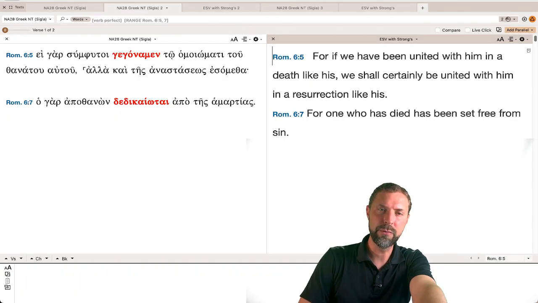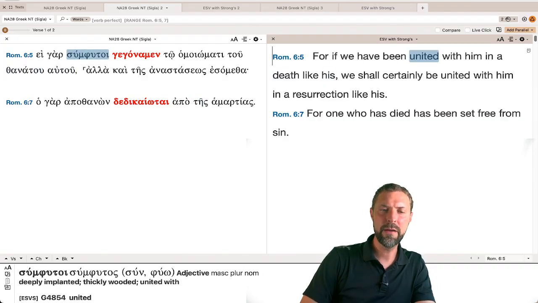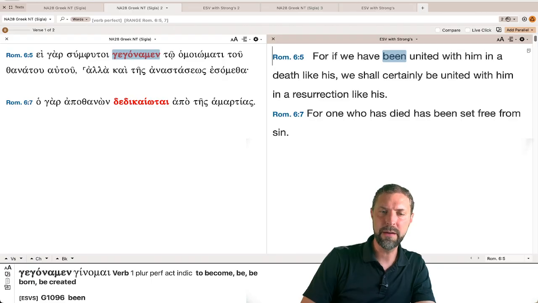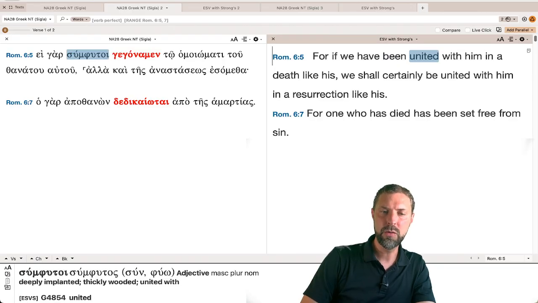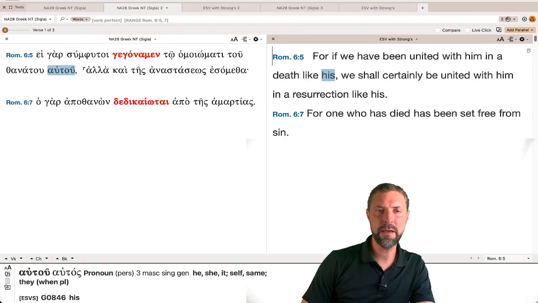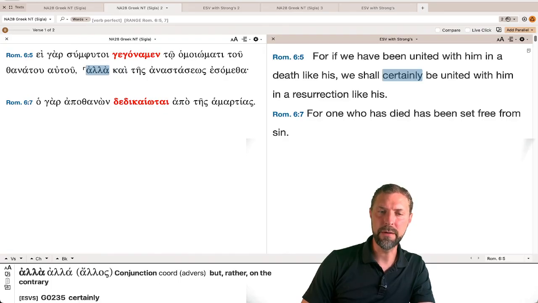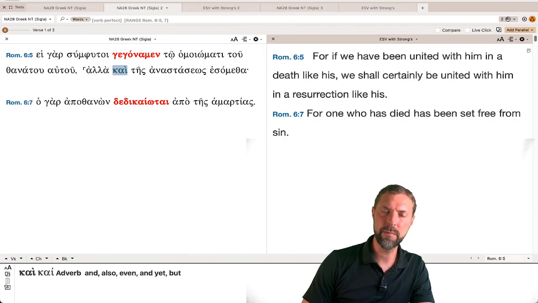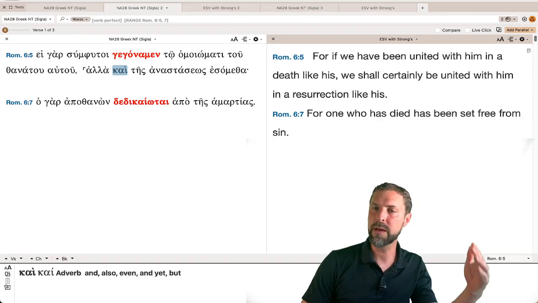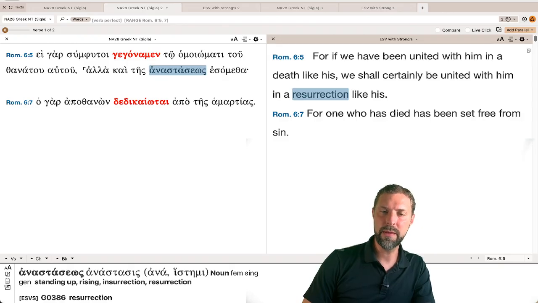Here's another example in Romans 5. I've got two different verbs going on here. For if we have been, this is ginomai, united with the similarity or likeness of his death, also, even, okay, these two together kind of put, so also or likewise, we will be with his resurrection.